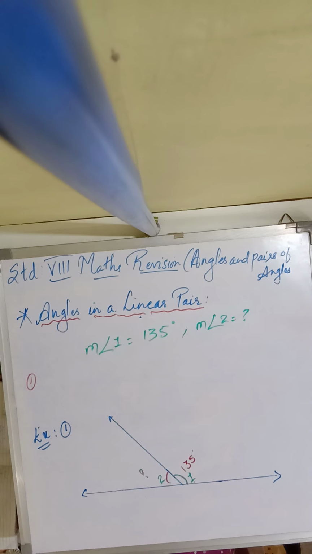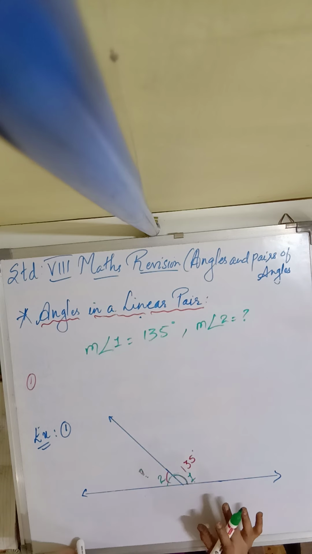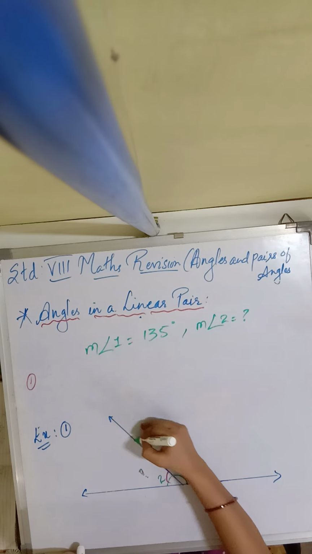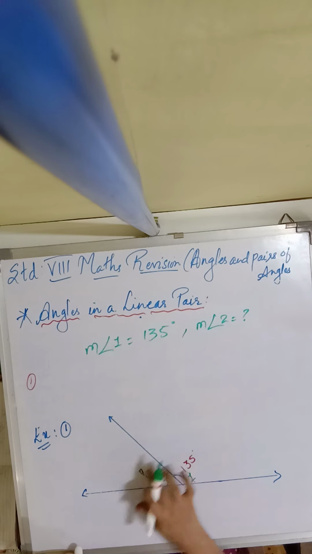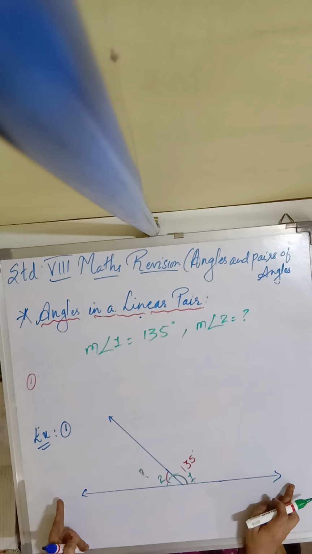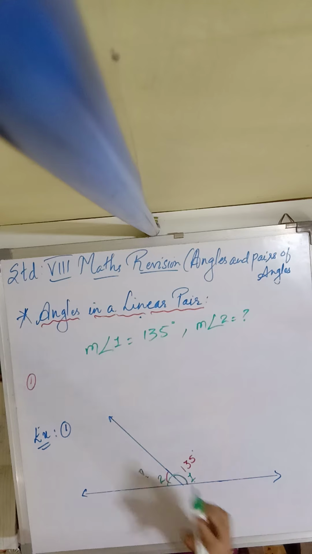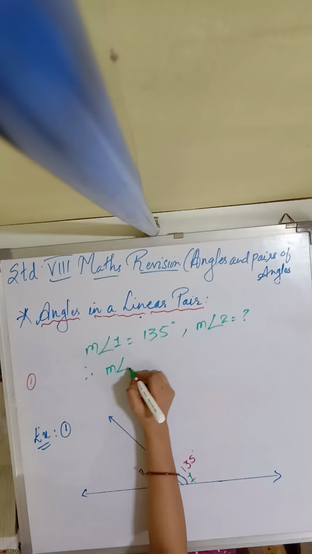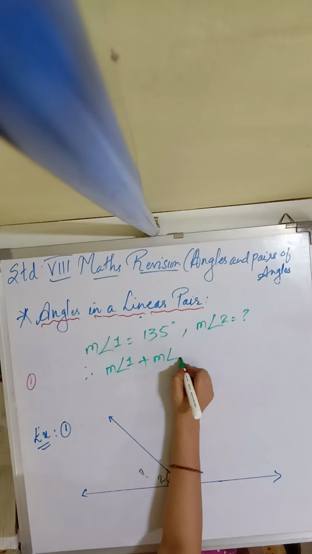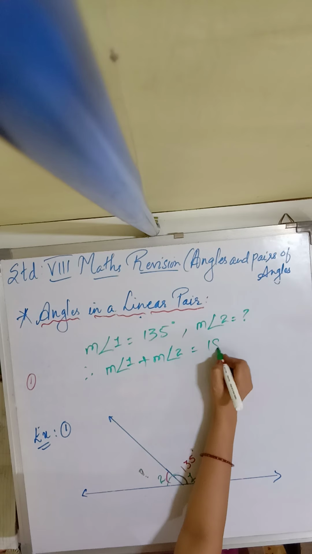Now you can see children that angle 1 and angle 2 are forming nothing but a linear pair. Yes or no children? Why? Because you can see one arm is common between both the angles and the other arms are forming a straight line. Therefore measure of angle 1 plus measure of angle 2 will be 180 degrees.